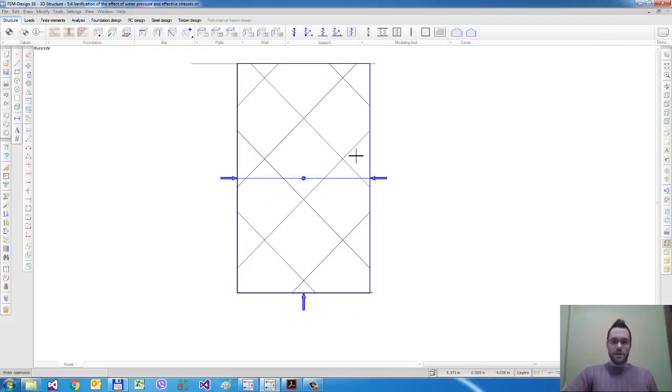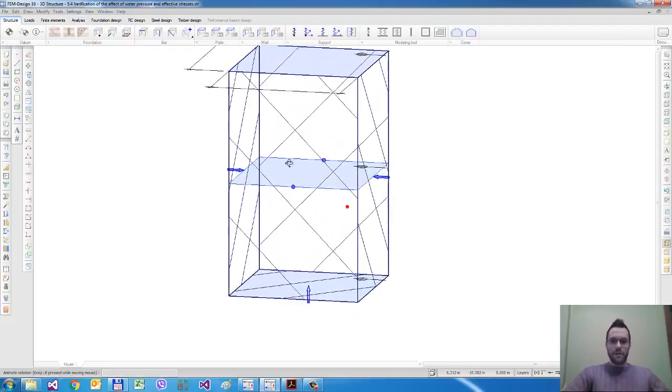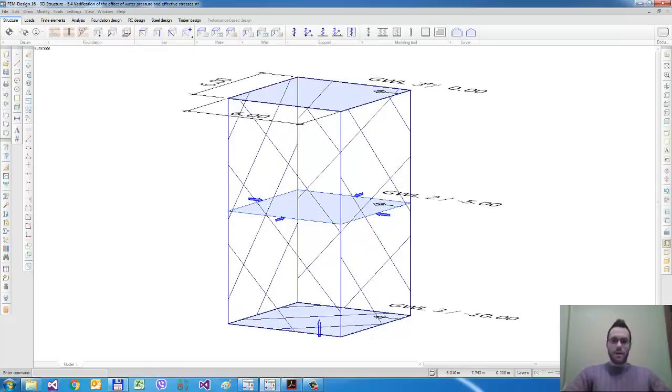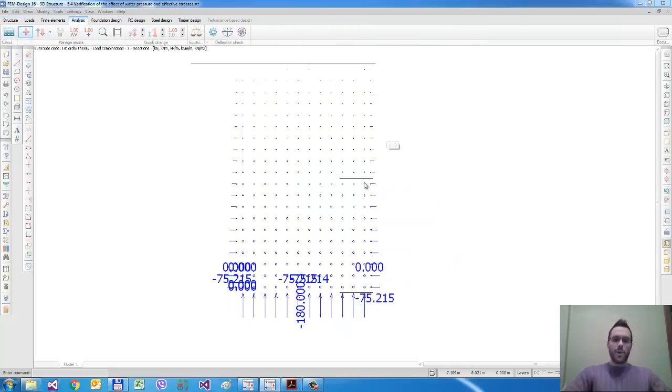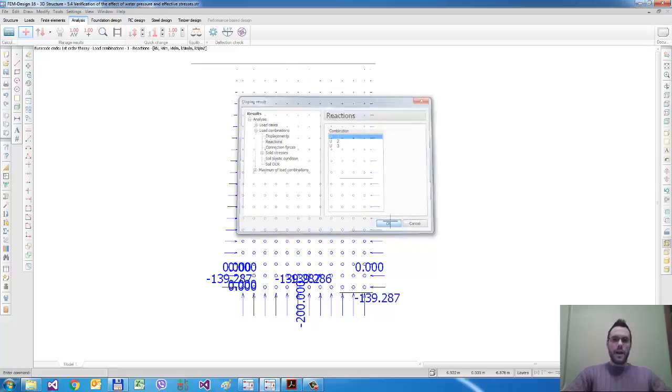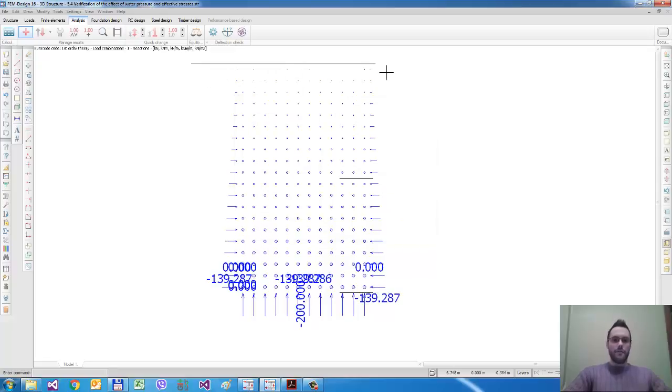You can see here the different groundwater levels: this one is groundwater level 1, this is groundwater level 2, and this is groundwater level 3. We get the maximum reactions at the side wall if we have the groundwater level at the top of the soil block.